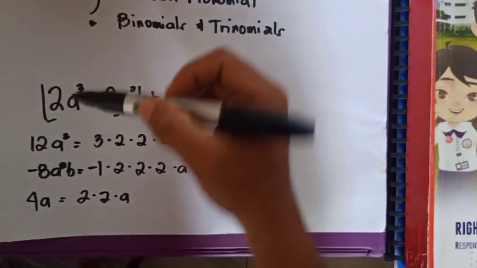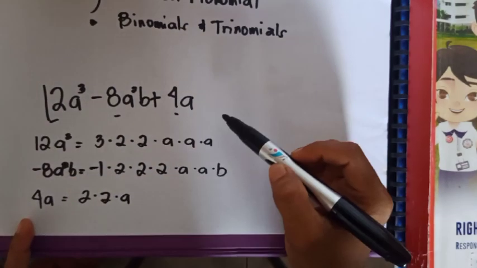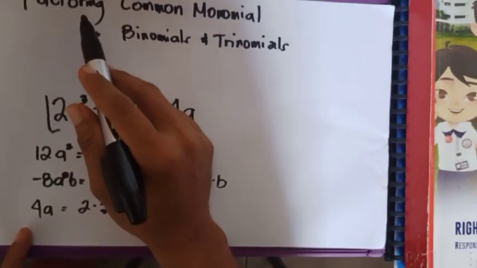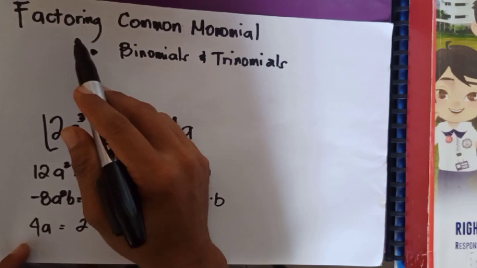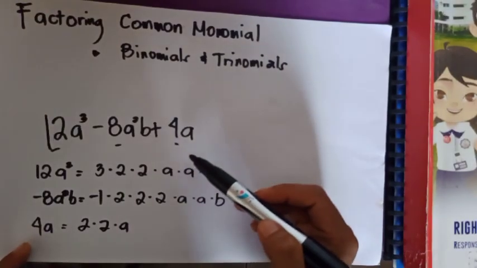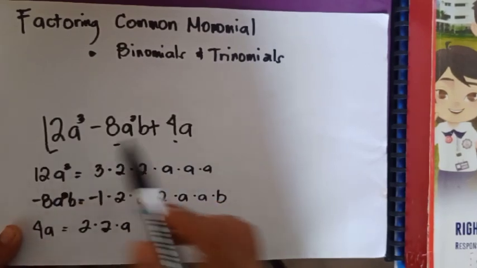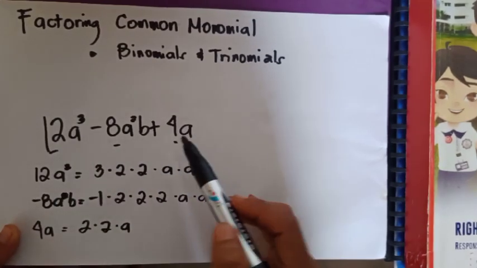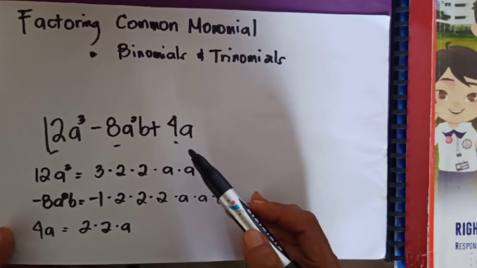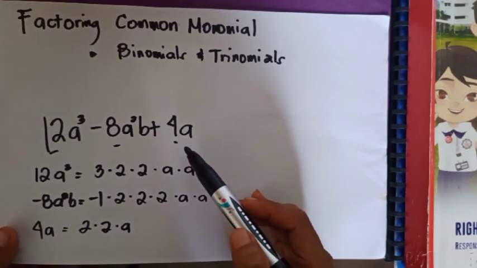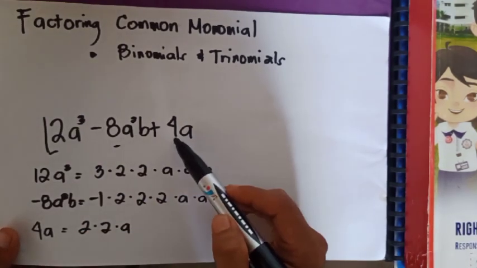So for us to determine first if this technique is applicable in this trinomial, we need to first look at each term. Do they all have the same factor or variable? 12, 8, and 4.